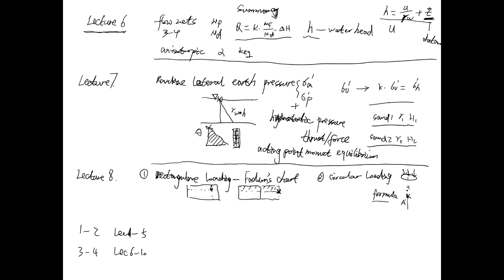We have a formula to calculate any point directly below the center of the circular loading. For any point that does not fall on this projection line, we have to use the influence chart to do the calculation. So basically, it has 2 scenarios, either point A or point B. So that's for lecture 8.